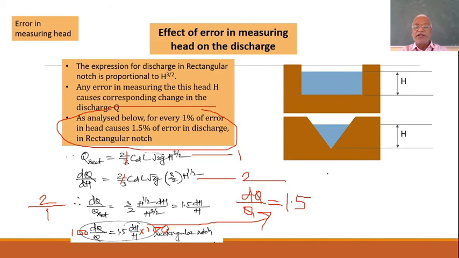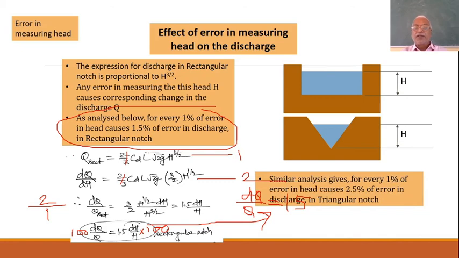You can differentiate that equation with respect to h, dq by dh you calculate, call it as equation 2, divide equation 2 by 1, simplify, and what you get, interestingly, is similar analysis gives for every 1% of the error in head, 2.5% of the error in discharge in triangular notch. Because it is h raised to 5 by 2, if you remember. Here it is h raised to 3 by 2, because of that it is 1.5.